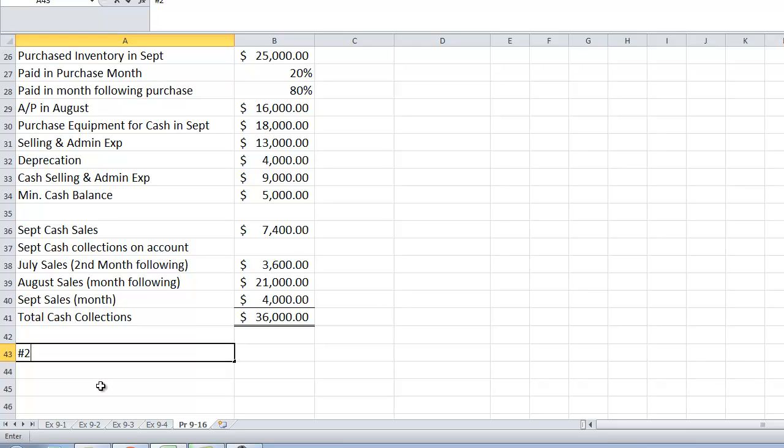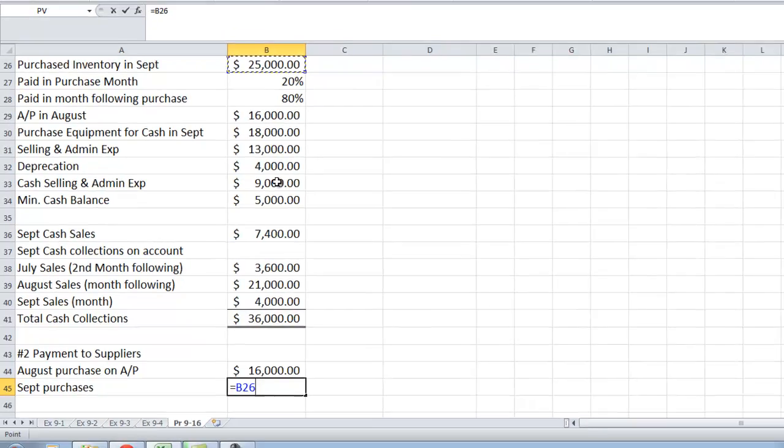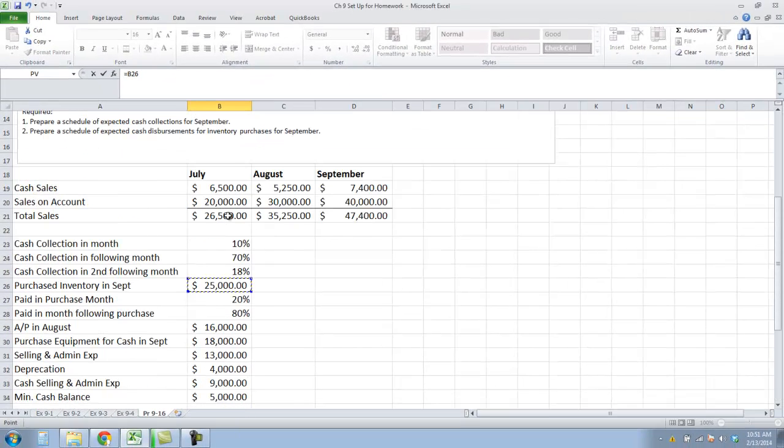Now, number 2 says payment to suppliers. So we must figure out what in September we would pay for August purchases on AP, and that was $16,000. September purchases, and we had $25,000 in September, and we pay 20% of that in the month that we're in, paid in purchase month.